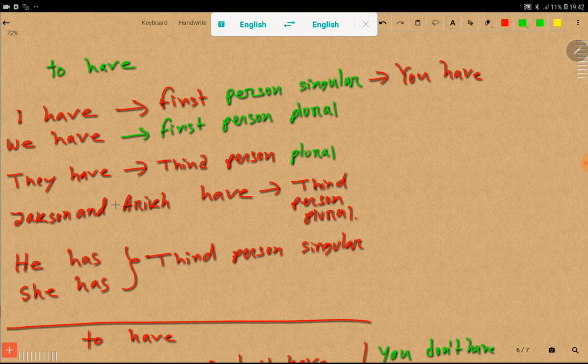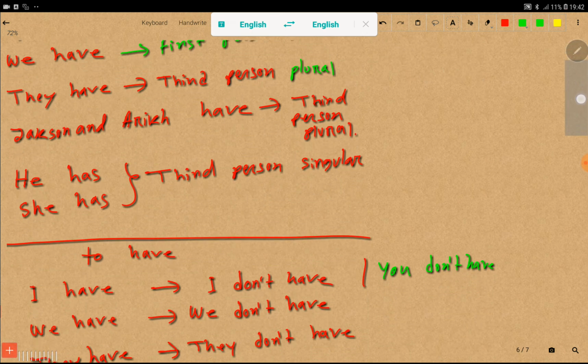So now this is a plural subject, so third person plural. So for third person plural we'll use have. So here we have to use have. I think it is clear to you, right?